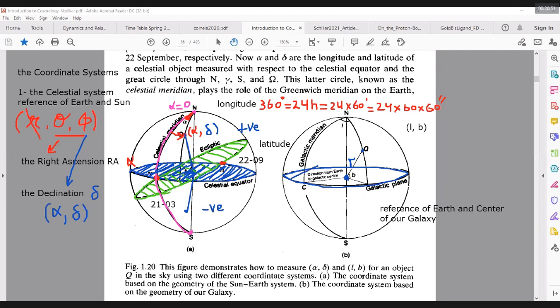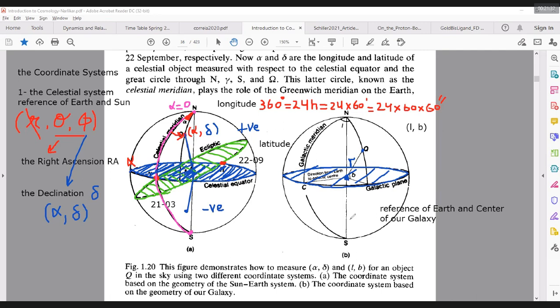From this galactic plane, you pass the big arc, the big circle, that is the galactic equator. As you can see, the galactic equator is bifurcating the sphere into two, the northern and southern one. And now we have to see where is the meridian for the galactic coordinates.